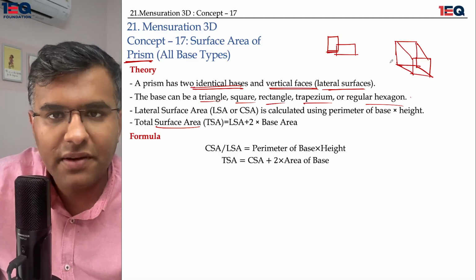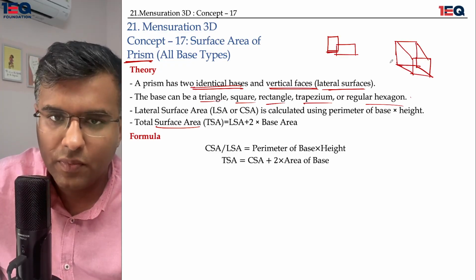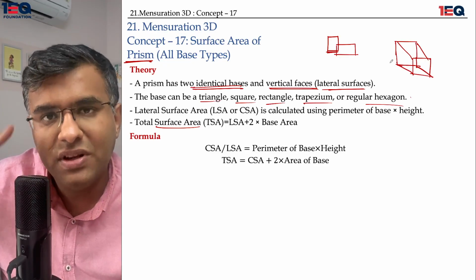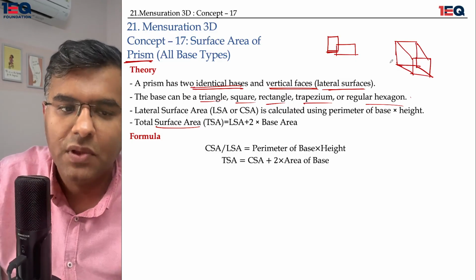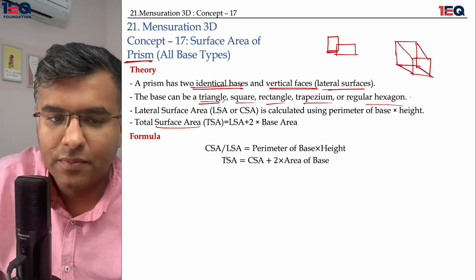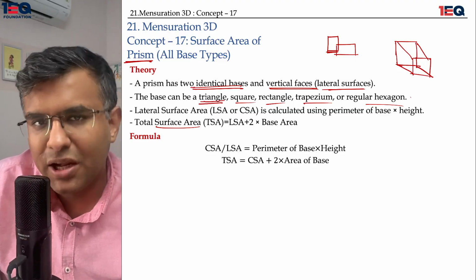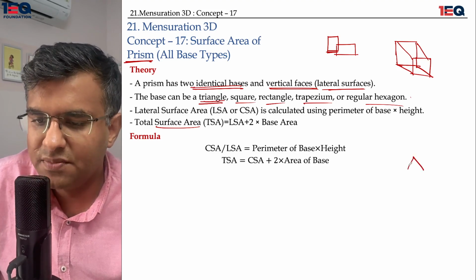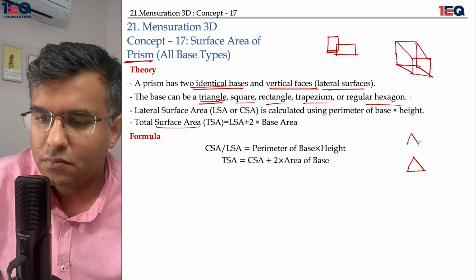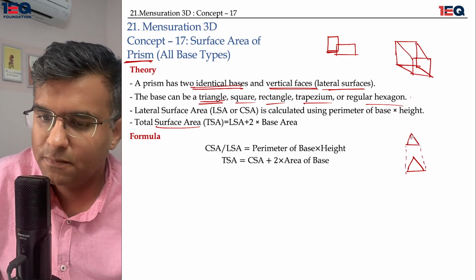Everything that we've read before is a prism only, except a cone. A cone is not a prism. A cone is a type of pyramid. Most of the prisms that we read about have triangular bases.